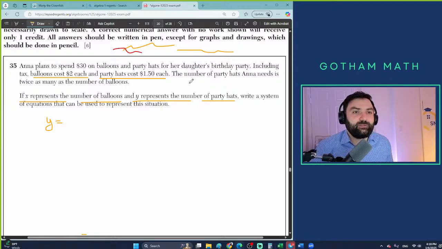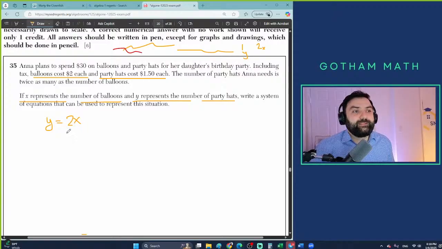They say the number of party hats Anna needs is twice as many as the number of balloons. So it's basically like this: for one party hat, you have 2 balloons. That's why Y will equal 2X. So in order to equal them, balloons need help of times 2. That's the best way I probably can explain it.